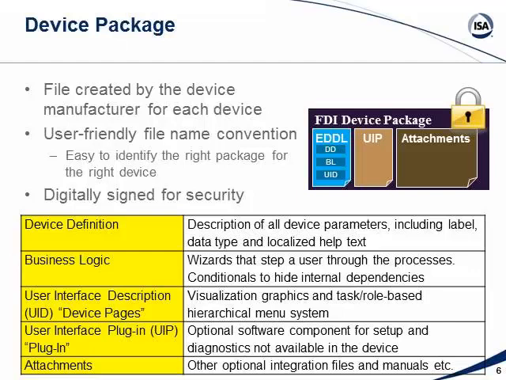The presentation afterwards, you will find more information about the FDT. And attachments. Details are listed below what this can also contain, for example, the device pages, visualization, graphics, task, role-based hierarchical menu system. But mostly it's easier than it sounds.